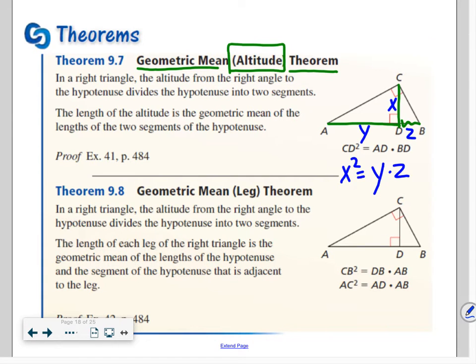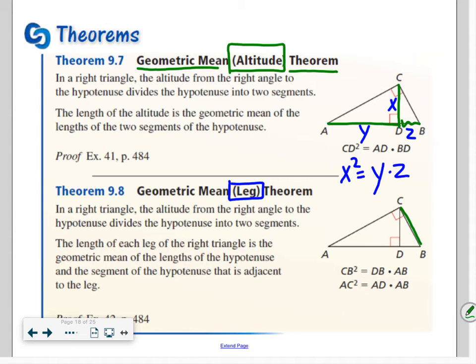If we go back, there is also the geometric mean leg theorem. So if we are looking for a leg like CD, there's a way that we can find that leg without going crazy setting up proportions.